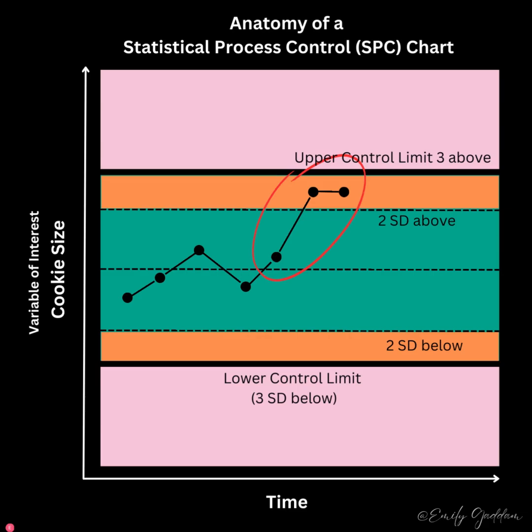However, if we notice 2 out of the next 3 consecutive cookie sizes falling beyond 2 standard deviations from above the mean, all on the same side of the center line, it suggests a potential trend or shift in the process. This pattern is a red flag that the process may be undergoing a significant change. It could be due to factors such as a shift in ingredients, changes in baking conditions, or other variations that need investigation.